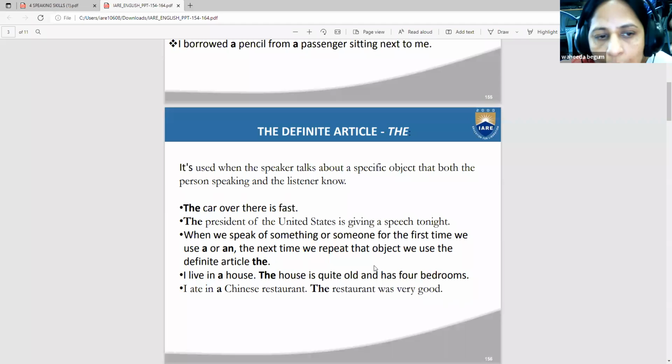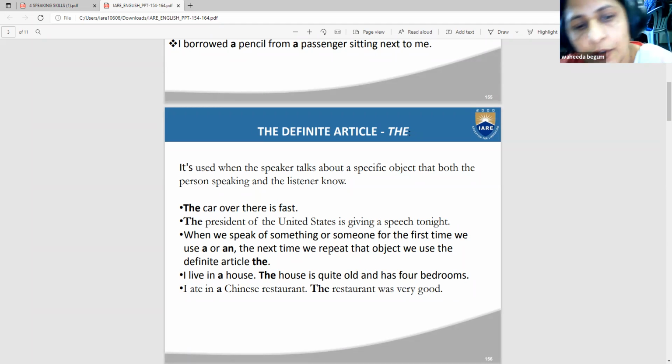The car over there is fast. Now you made an impression. You are specific about which car? The car over there, that red car, which is very fast. So you are definite about it.